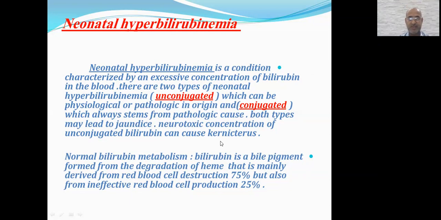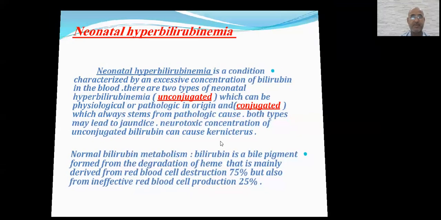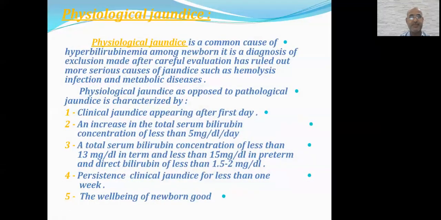Normally, bilirubin, as we said, is a bile pigment formed from the destruction of heme, which mainly comes from the destruction of RBCs. So the net result of the RBC destruction is bilirubin. As we mentioned, the most common cause of jaundice among newborns is physiological.